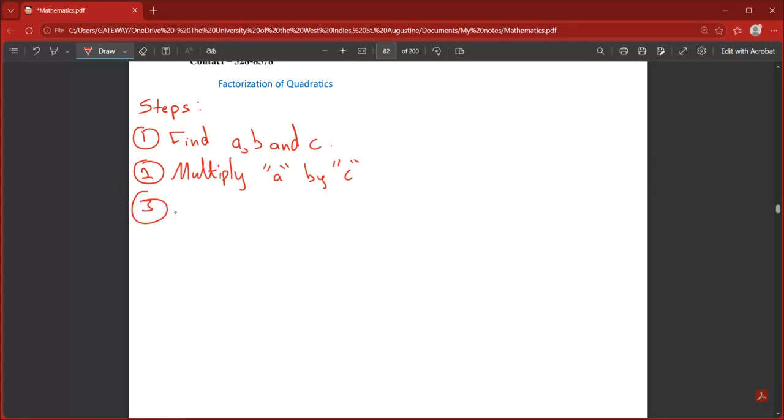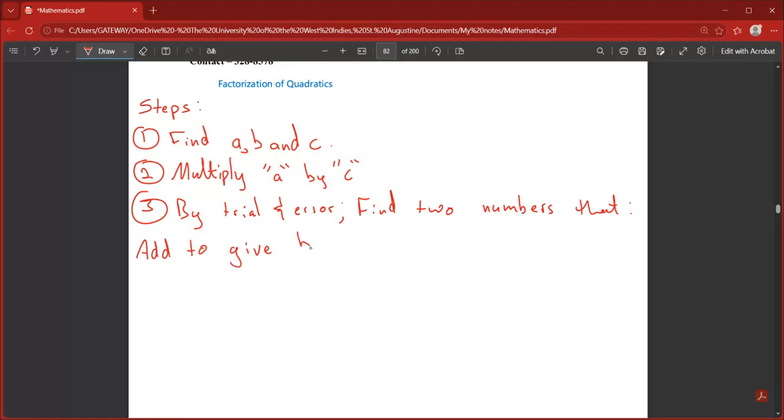Step three, this is by trial and error. Find two numbers that add up to give B, and multiply to give AC.